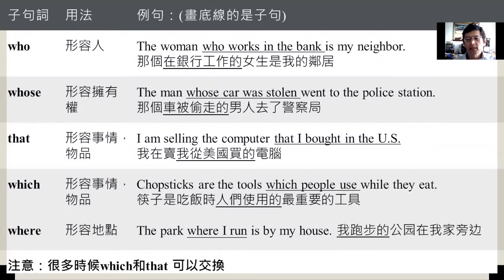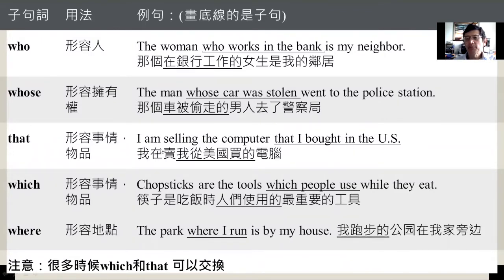You should know that which and that have almost the same meaning when used as clause connecting words. You can use either one or the other in most cases. So here you can say, I am selling the computer which I bought in the US.